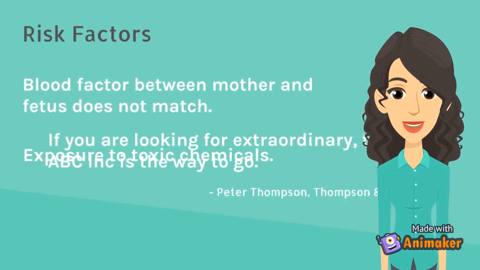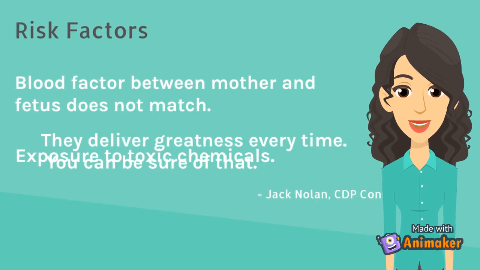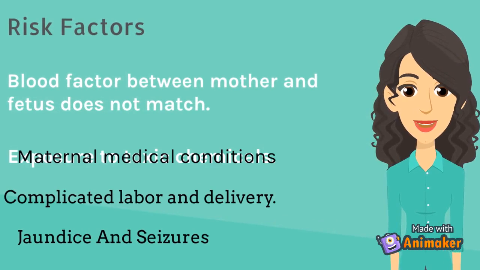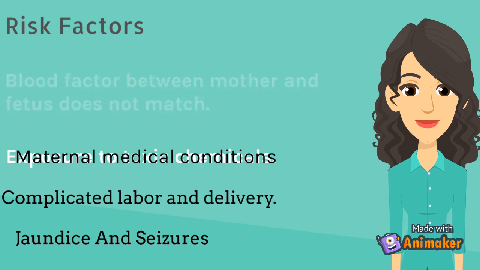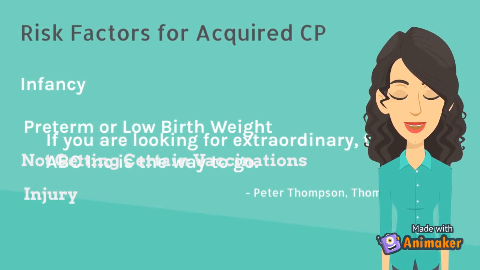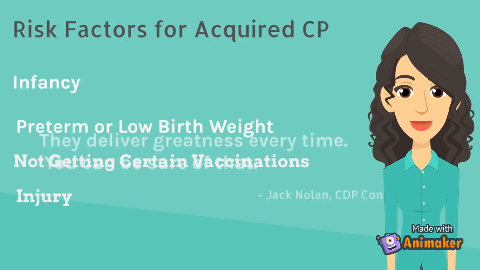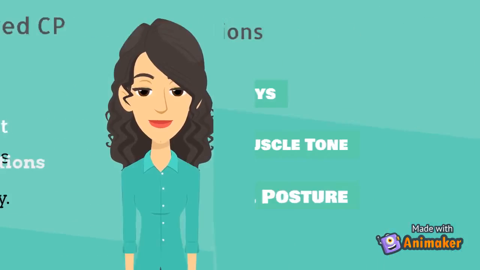Other risk factors for cerebral palsy are blood factors of the mother and fetus not matching, exposure to toxic chemicals such as high levels of methyl mercury, maternal medical conditions, complicated labor and delivery, jaundice, and seizure. So, risk factors for acquired CP are infancy, preterm or low birth weight, not getting certain vaccinations, and injury.